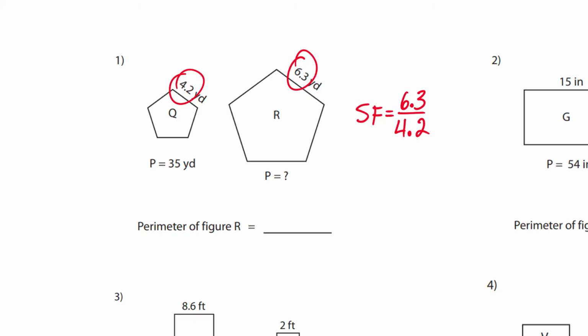So what I'm going to do to find the perimeter of this pentagon R is I'm going to take the perimeter of the old one and multiply it by the scale factor, and that's going to give me the perimeter of the new one.